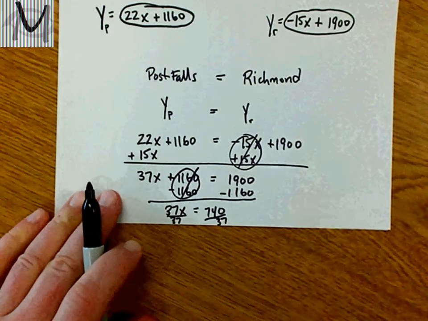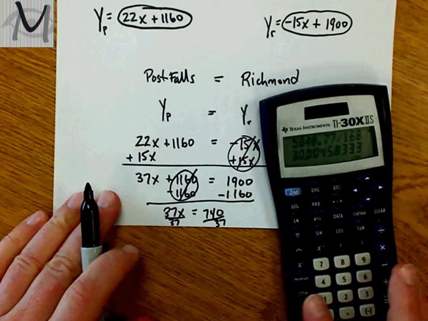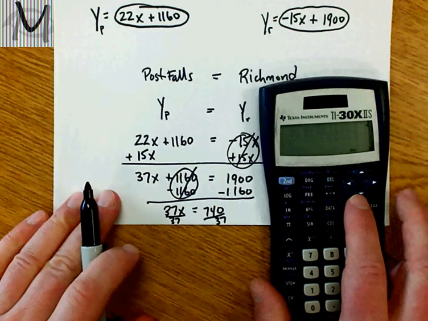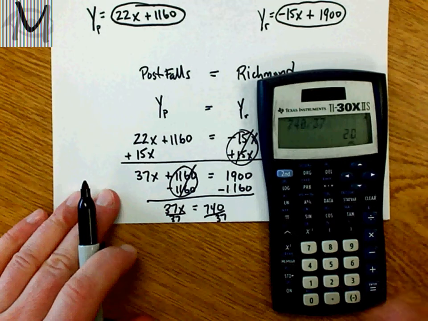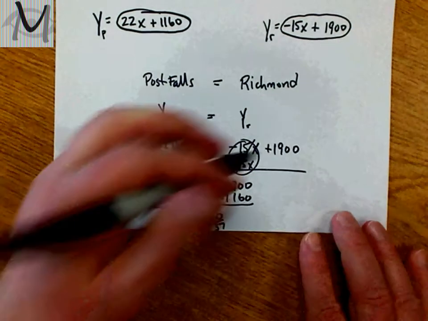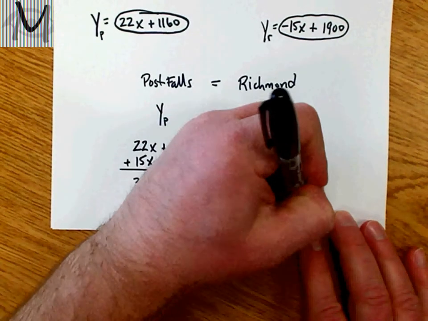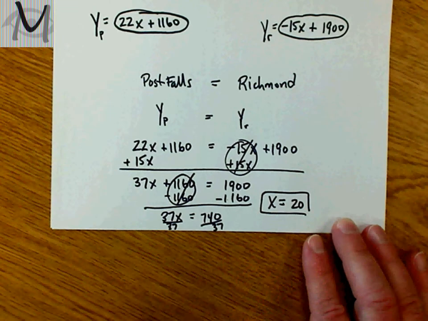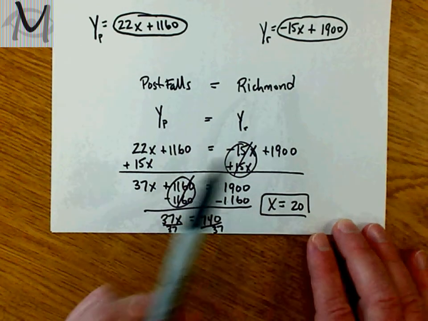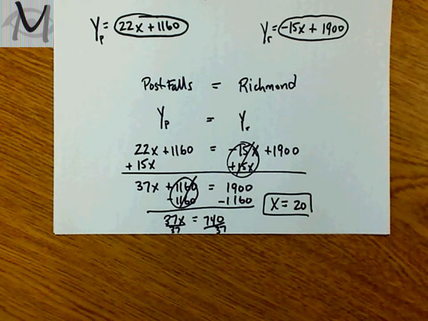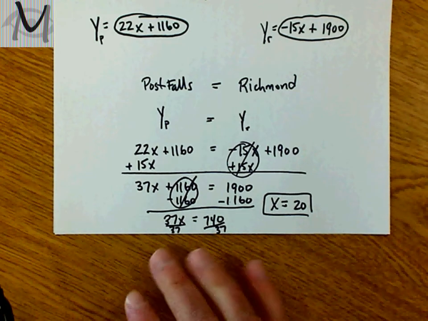I'm going to need to go to my calculator for that one. 740 divided by 37 equals 20. So 20 years have to pass, and Post Falls and Richmond's populations will be the same. But what will it be? That's our next problem to figure out.